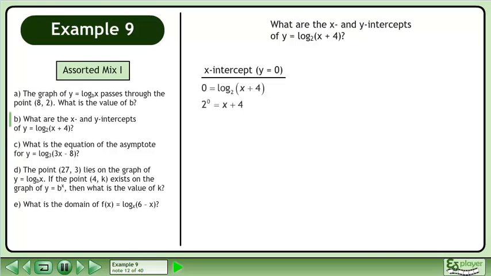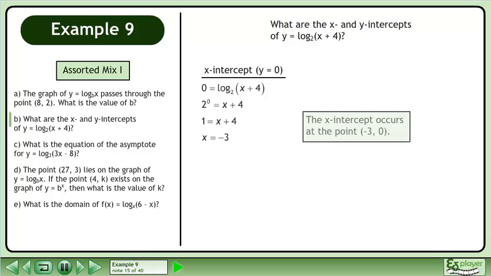Convert to exponential form. Two to the power of 0 equals 1. Isolate x to get negative 3. The x-intercept occurs at the point negative 3, 0.